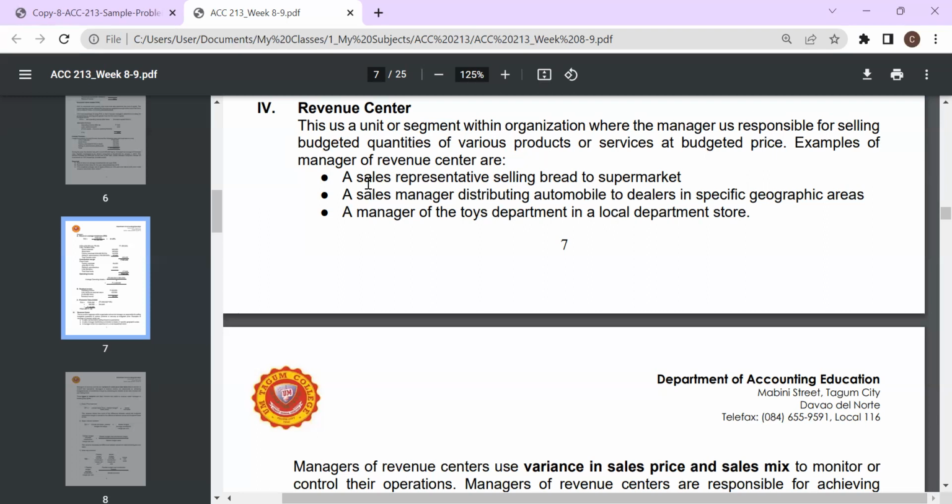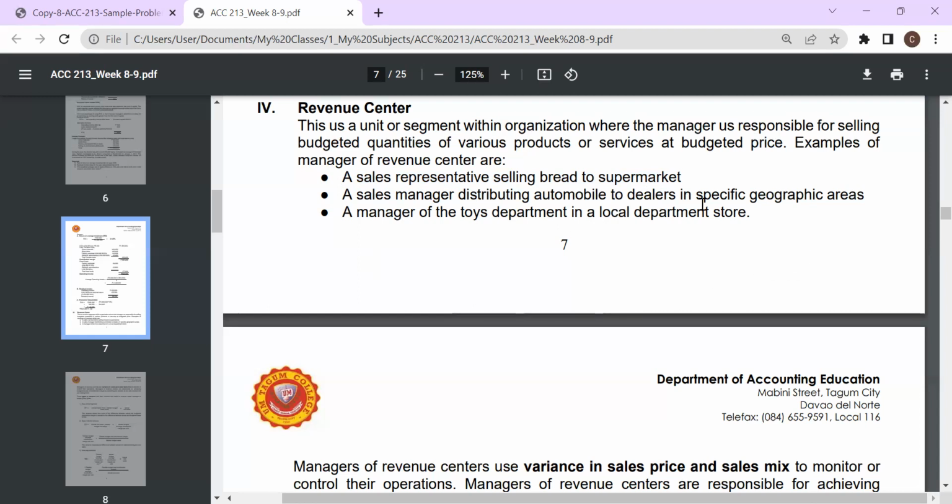Examples of managers of a revenue center are first the sales representative selling bread to a supermarket, then the sales manager distributing automobiles to dealers in specific geographic areas, then the last one is a manager of the toys department in a local department store.